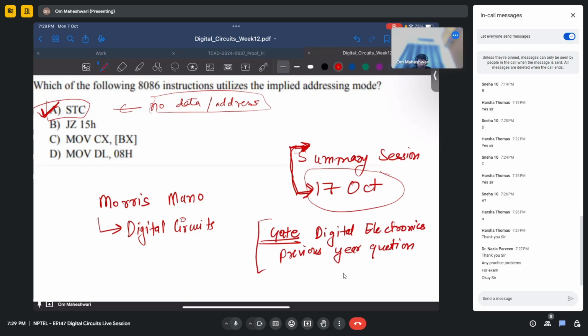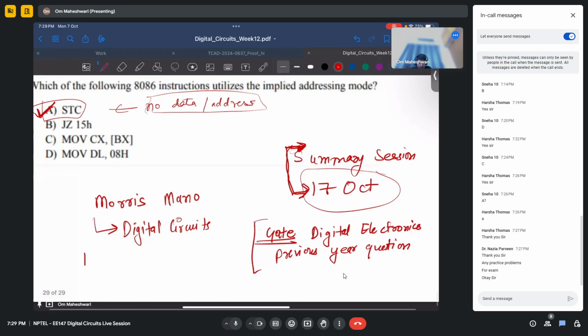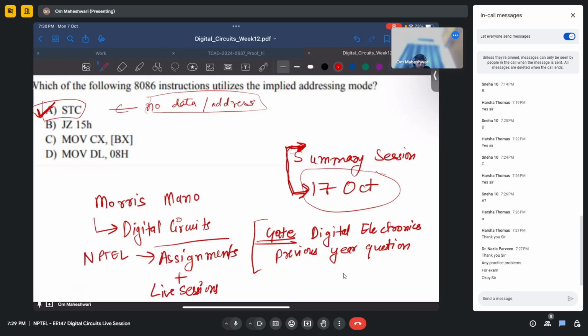But for the NPTEL course exam, your assignments plus live session questions are enough. These will cover everything. But if you're preparing for some competitive exam like GATE, you need to read the book as well as solve the previous year questions.